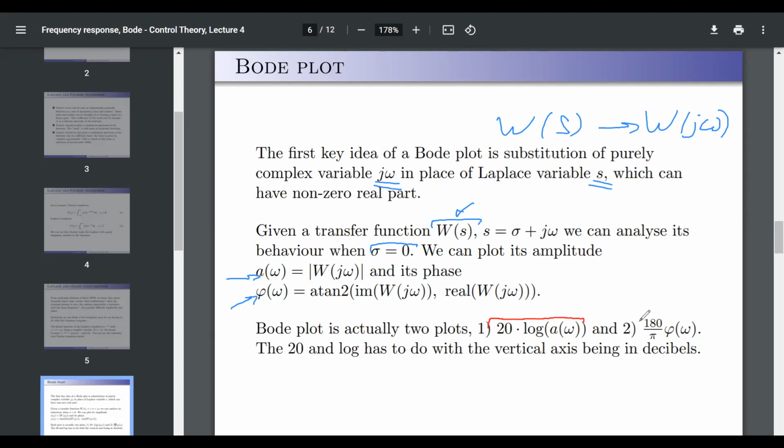And second is, in degrees, the phase. Now, let's just look at it for a second. It looks like suddenly too many symbols, right? Vertical lines, atan2, im, real, 20, log, pi, too many symbols, right? But it is actually very simple.